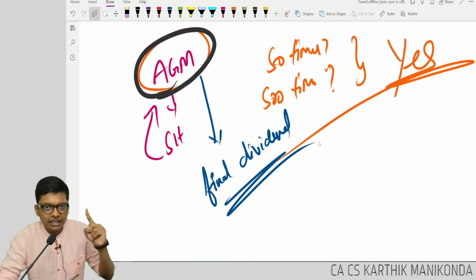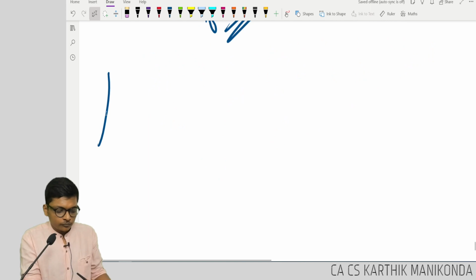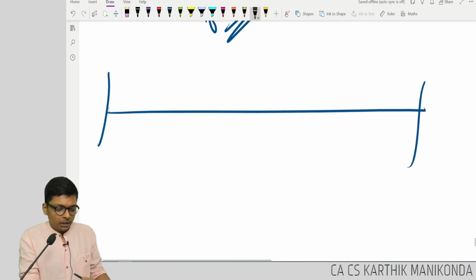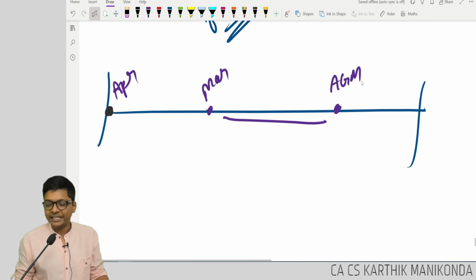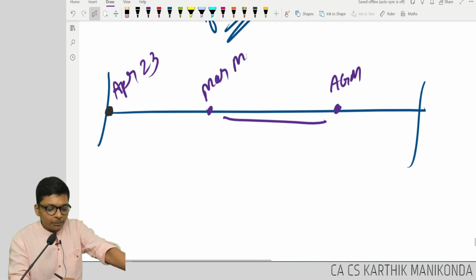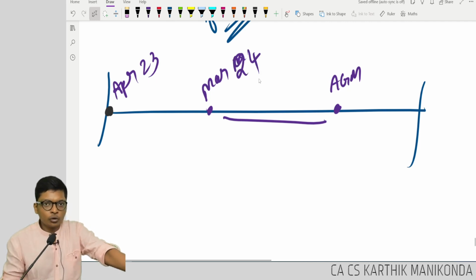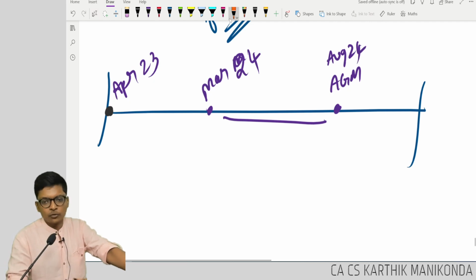Declared yearly once. To give you a timeline, the year starts here, April, then the year ends here, March. After the year ending, sometime later we will have the AGM. If this is the year April 23, and the year is ending on March 24, the AGM will be somewhere around August 24.